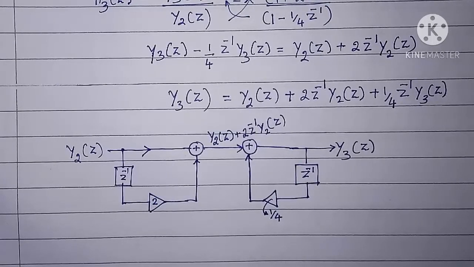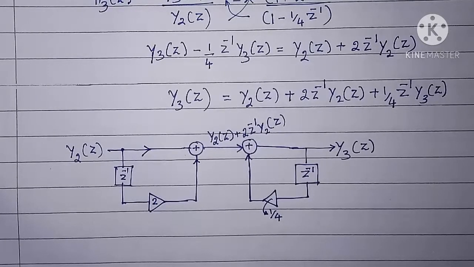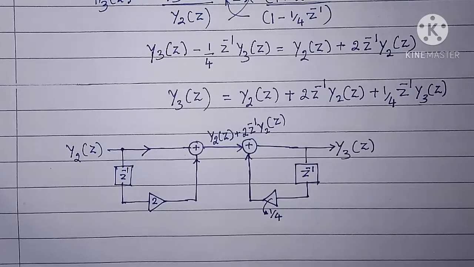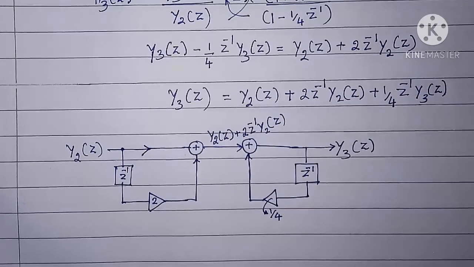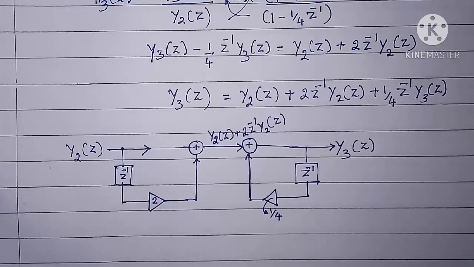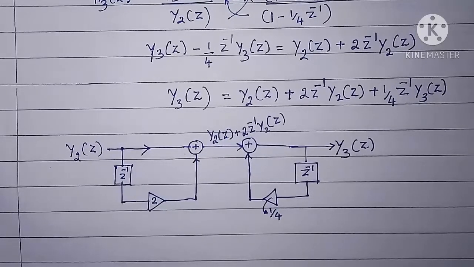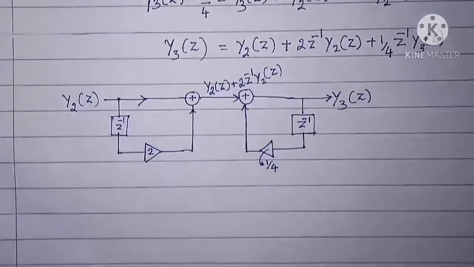Now if we connect h1 of z, h2 of z and h3 of z such that output of h1 of z is input to h2 of z and h2 of z output is input to h3 of z, then we get cascaded form of realizing the IIR system.